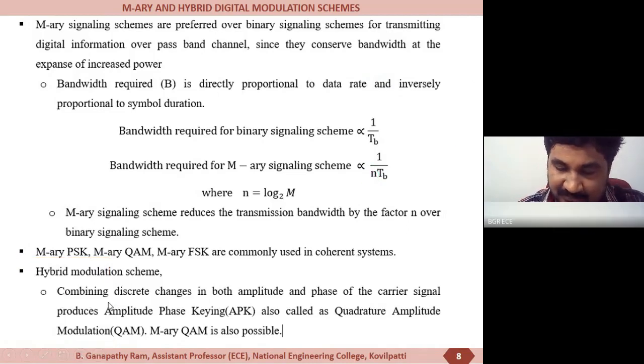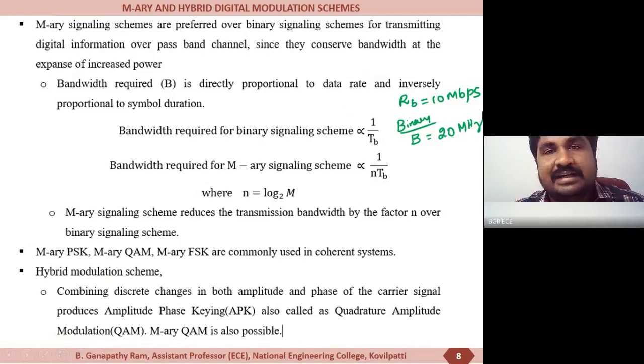For example, if I would like to transmit a baseband signal at the rate of 10 megabits per second using a binary scheme, I need a bandwidth which is twice the data rate of the signal, that is 20 megahertz.